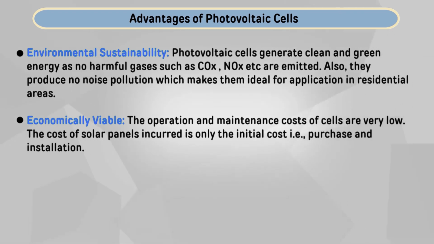The cost of a solar panel made up of these photovoltaic cells is incurred only as the initial cost. So, you have some initial cost for purchasing as well as installation, and there are very minimum maintenance charges. That is why this is cheaper compared to other optoelectronic devices, optical devices.